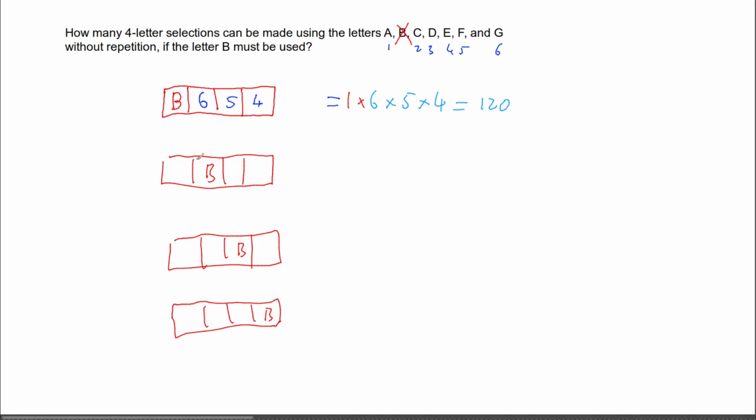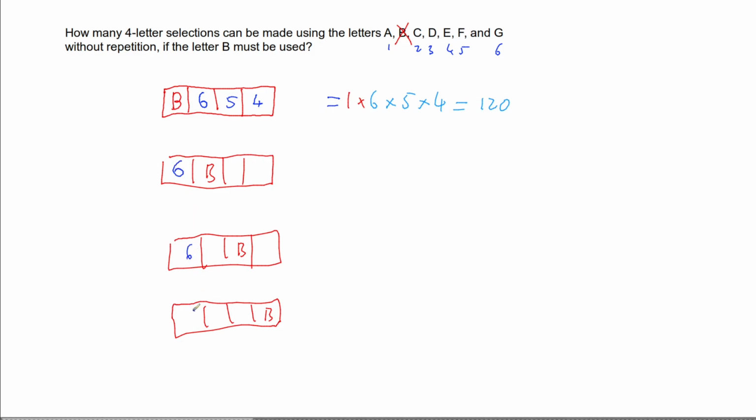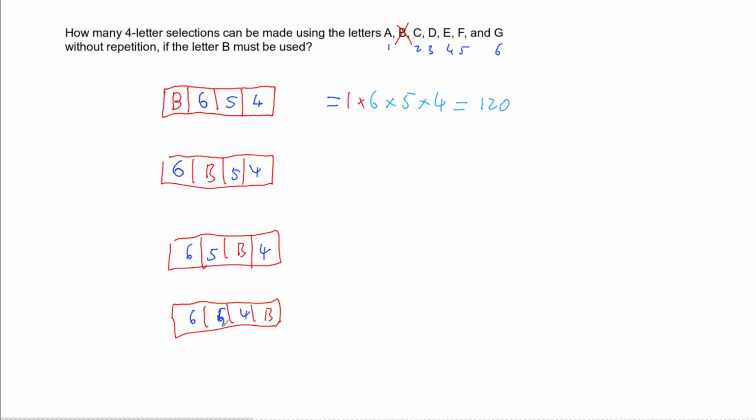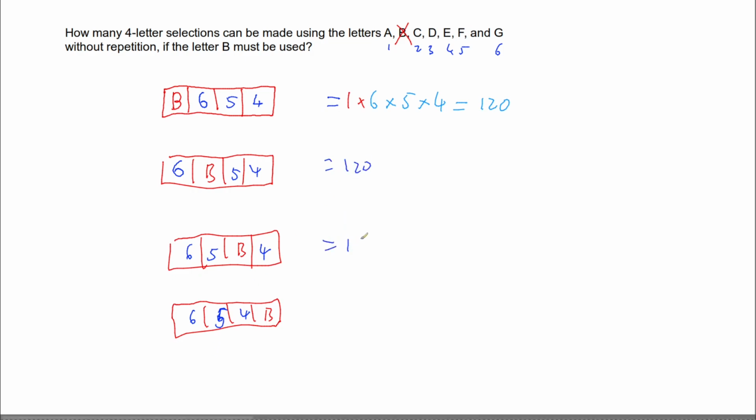But if I think about it, it doesn't matter where I place B. I still have, for the first of my other letters, 6 options. For the second of my other letters, I've still got 5 options. And for the final letter, I've still got 4 options. So that means that there's 120 ways, depending on where I place B.